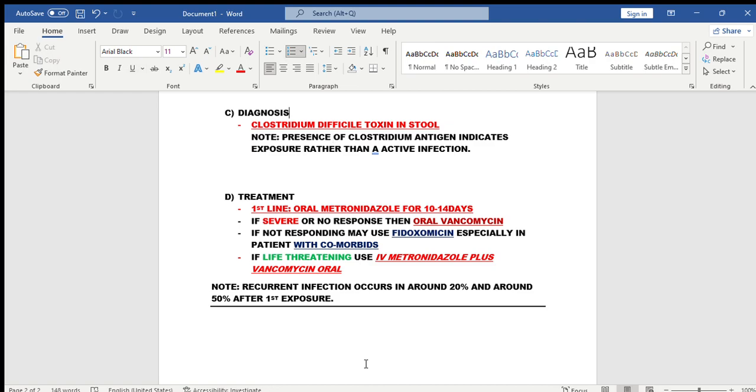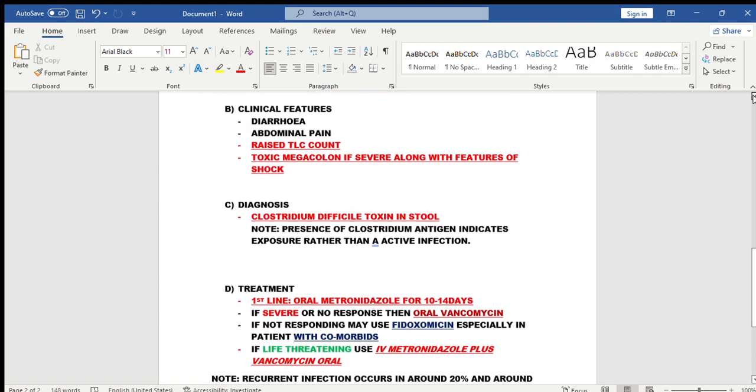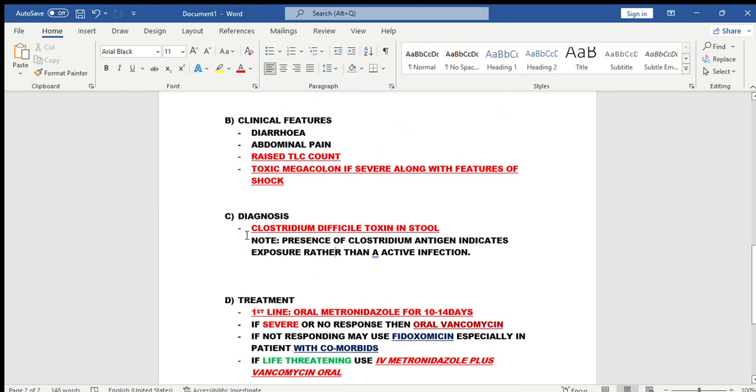So the take-home message is the treatment part, where you start the patient on oral metronidazole. If the patient has severe features or does not respond to oral metronidazole, go for vancomycin. If the patient has comorbids, use fidaxomicin. And if it is a life-threatening condition, use IV metronidazole and oral vancomycin. Diagnose the patient by going for a Clostridium difficile toxin in stools.